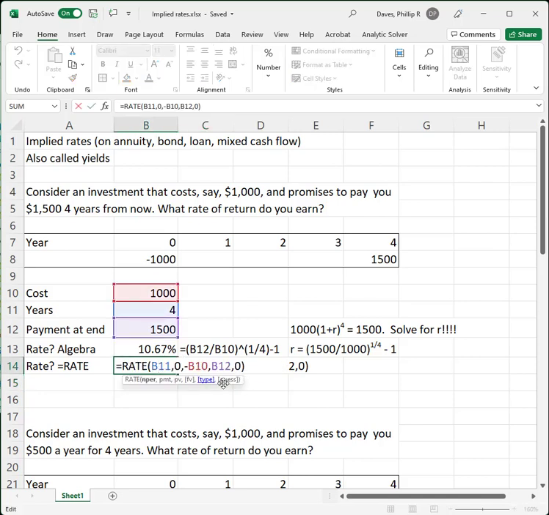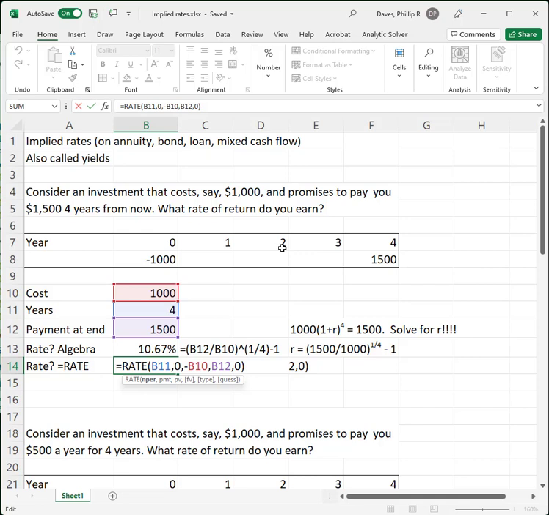The way that this rate function works is that it takes these cash flows and it calculates the present value, and it tries different interest rates until the present value of all of the cash flows together is equal to 0. And it uses a search algorithm in order to do that, and it needs to know a place to start. Well, it will always start by default at the answer of 10% and then work its way through there.